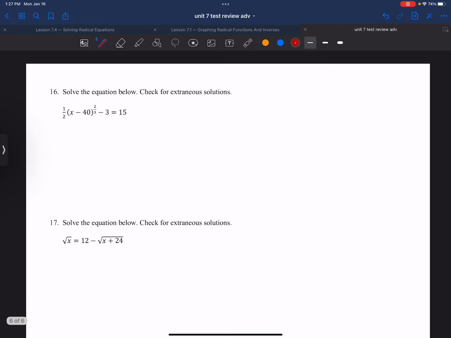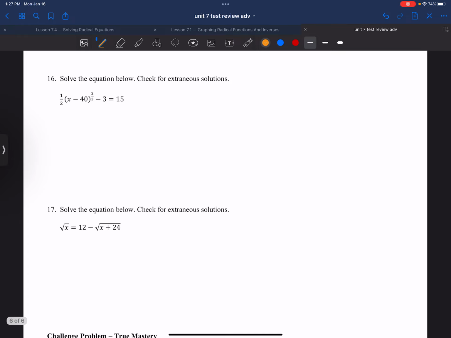The basic premise, let me say the steps. Basic steps: 1, isolate the radical.